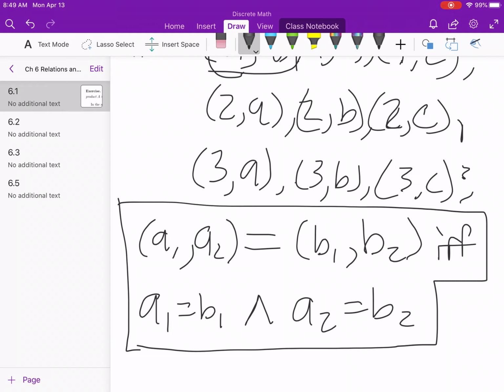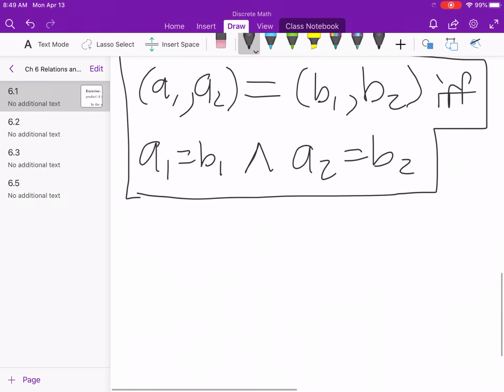The first elements and the second elements have to be equal to each other, and then we can say that they're the same. So you notice in this case that's not true.